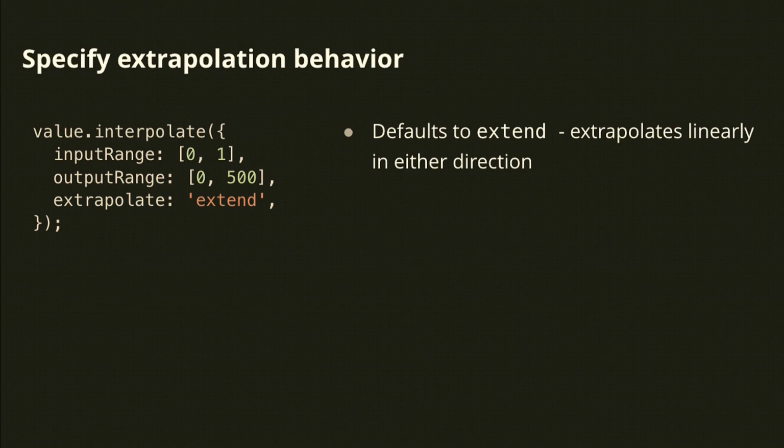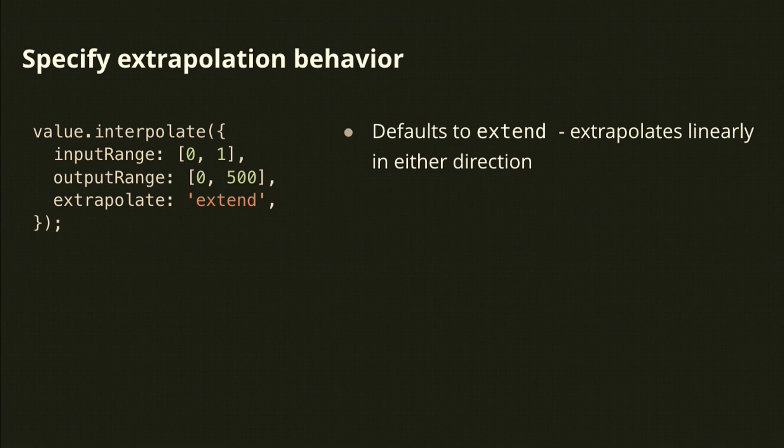So sometimes it's also useful to be able to specify how we extrapolate from an input range and output range. In this case, I've made the default explicit by saying extrapolate, extend.